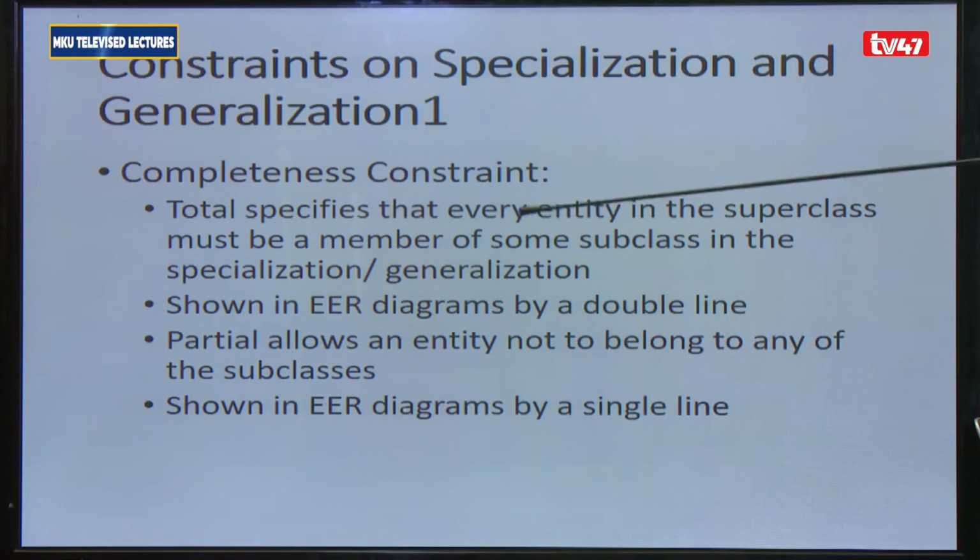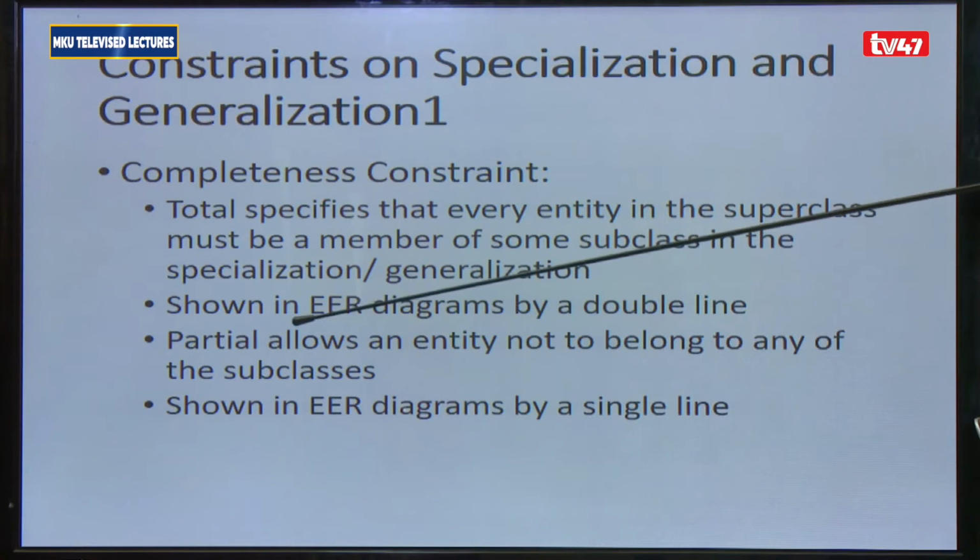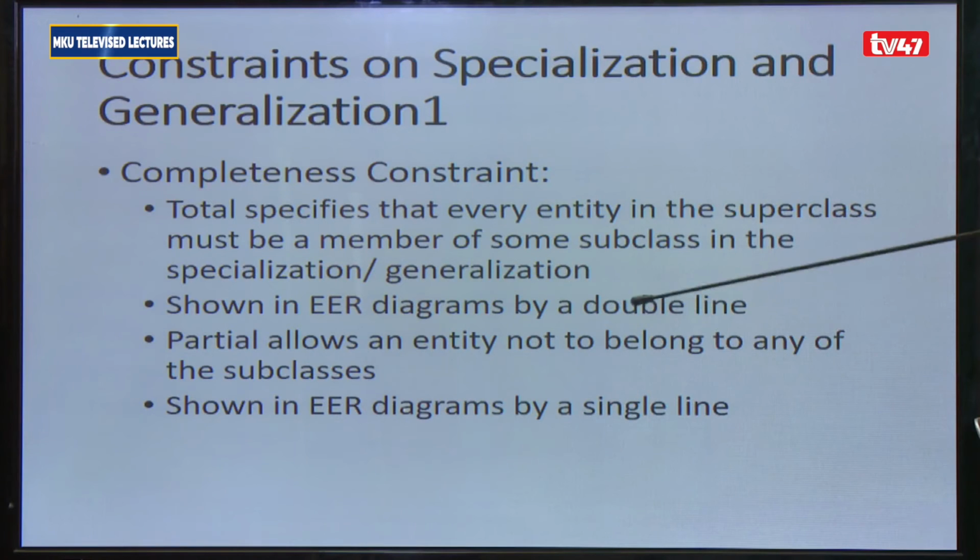Total specifies that every entity in the superclass must be a member of some subclass in the specialization/generalization. It is shown in EER diagrams by a double line. So, for a total, we will use double lines.